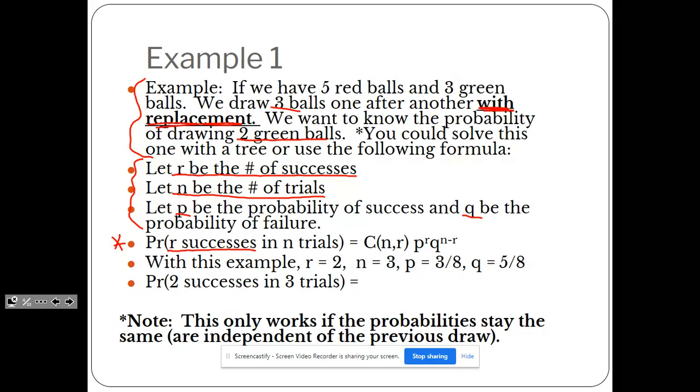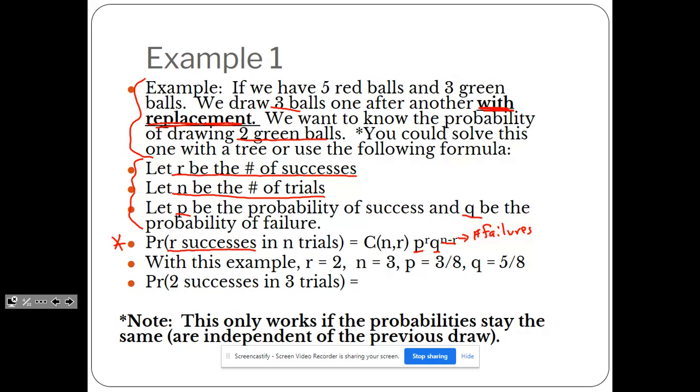It's the combination N choose R times probability of success to the R times probability of failure to the N minus R. R is our number of successes, N minus R is our number of failures. So it's P to the number of successes, Q to the number of failures. I've got all that labeled there.